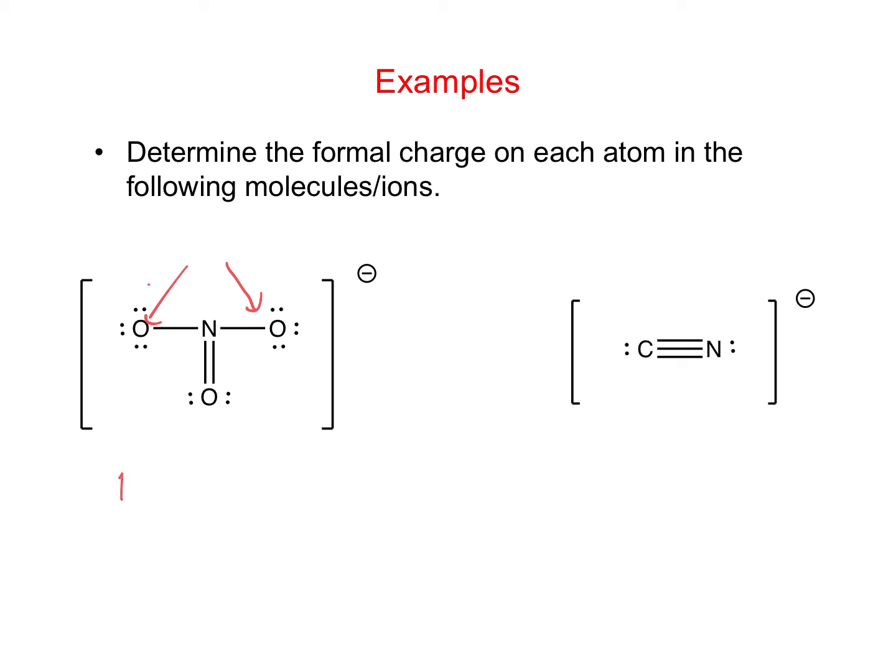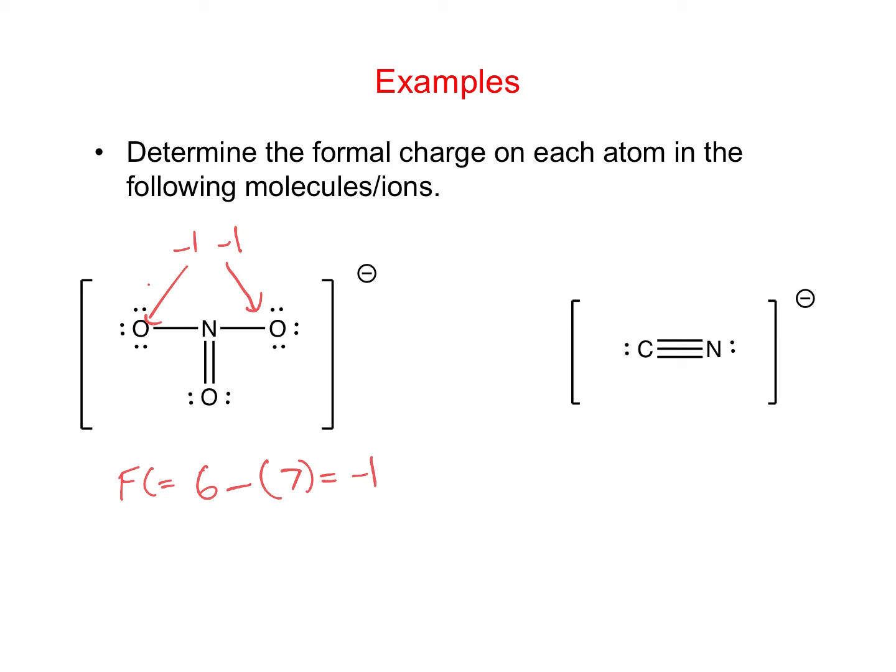So for those, the formal charge is, again, oxygen has 6 valence electrons, minus. So in both of those cases, there are 6 balls, 1 stick, so 6 plus 1 is 7. So those 2 red oxygens, the formal charge is -1.